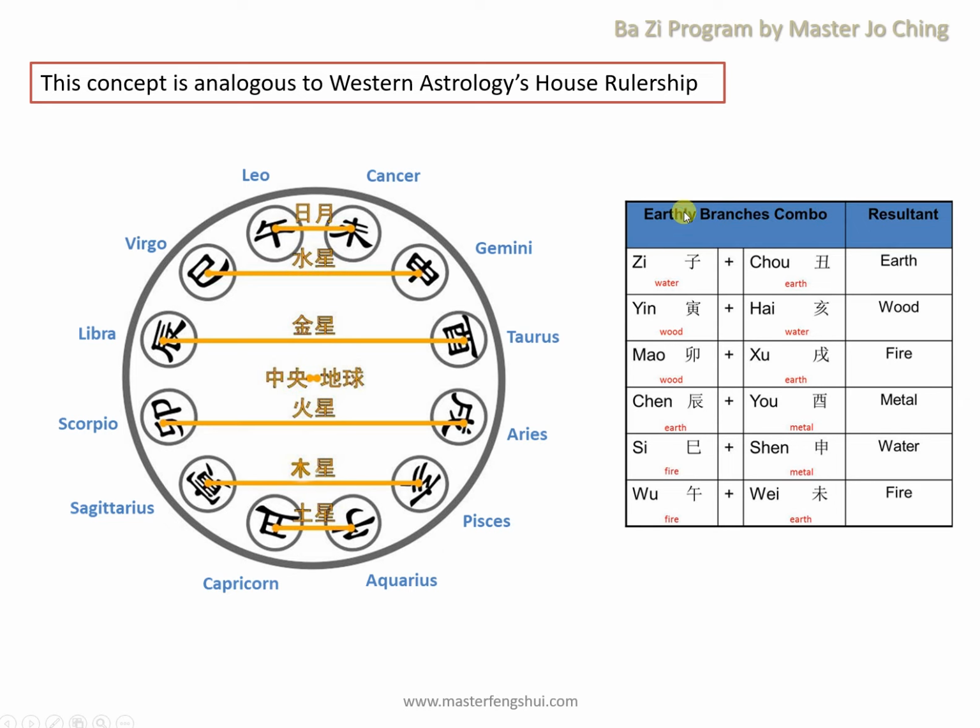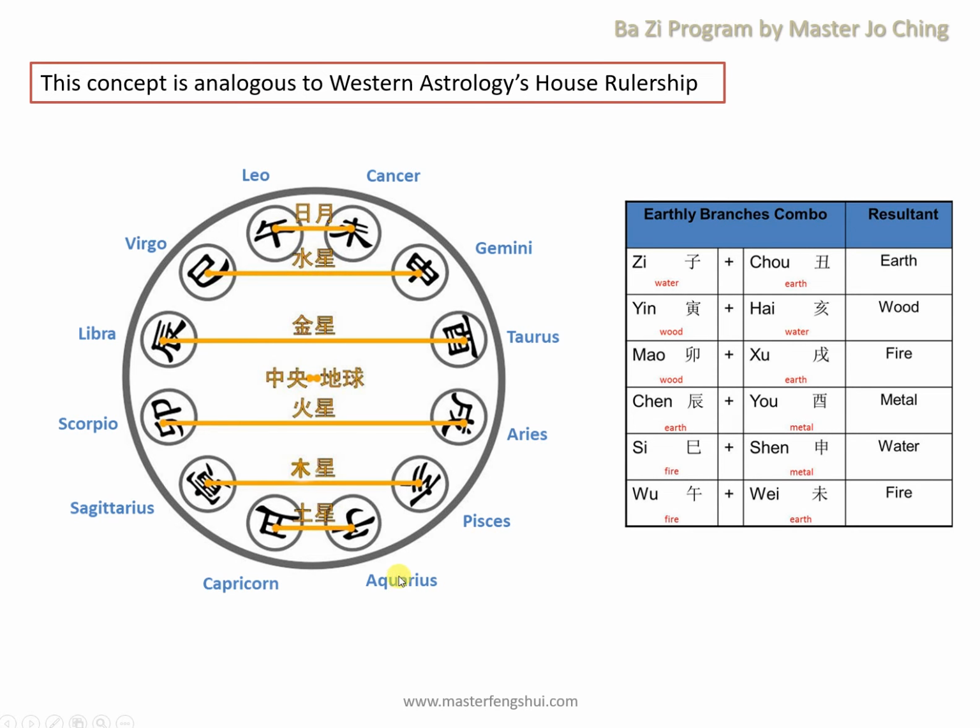Now, this is what we are familiar with on my right hand side. 子丑 give you earth, 寅亥 give you wood, 卯戌 give you fire, etc., etc. If you study Western astrology or Vedic astrology, there's this concept of so-called house rulership.